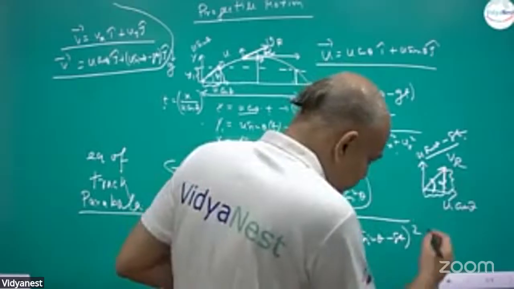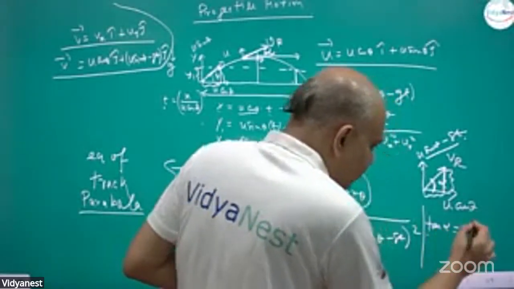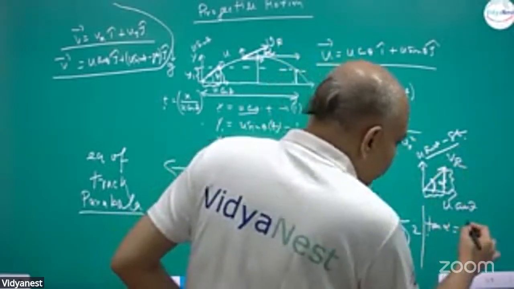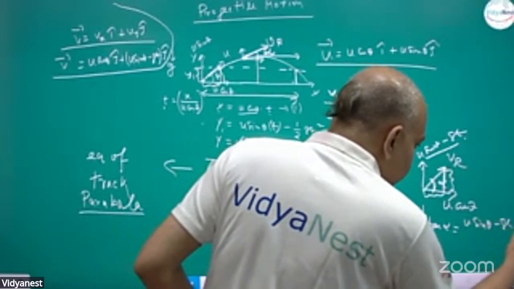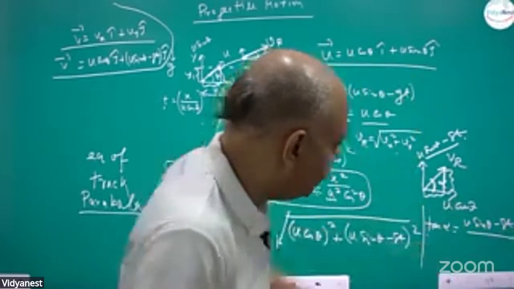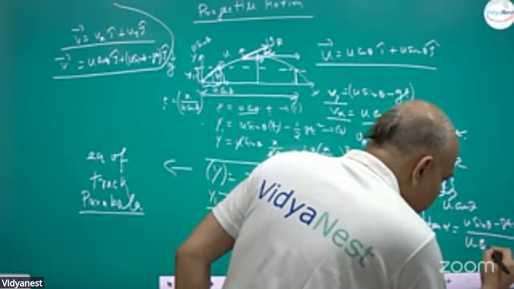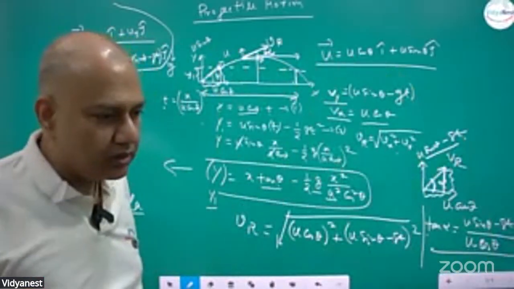This perpendicular by this horizontal component. So you can see that tan alpha is equal to the perpendicular component by the horizontal component. What is the perpendicular component? u sin theta minus gt, divided by the horizontal component u cos theta. Can you see, Saurabh?